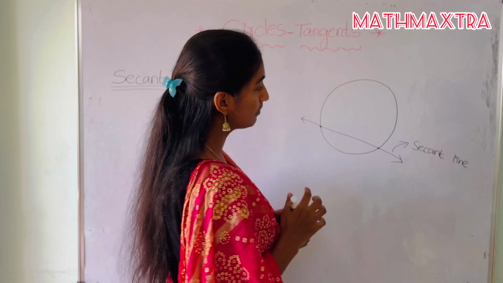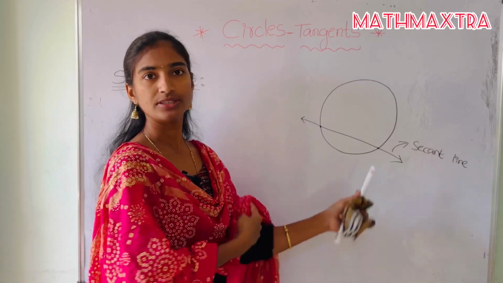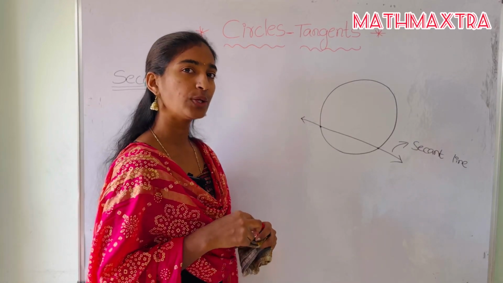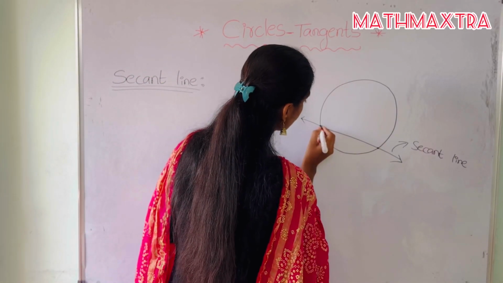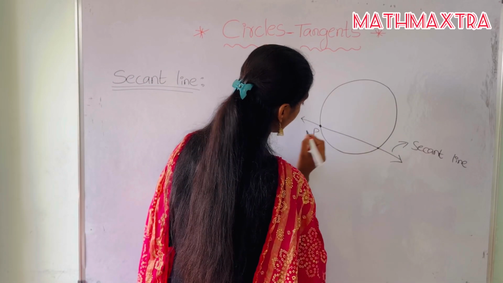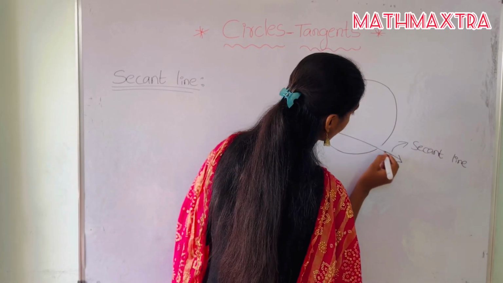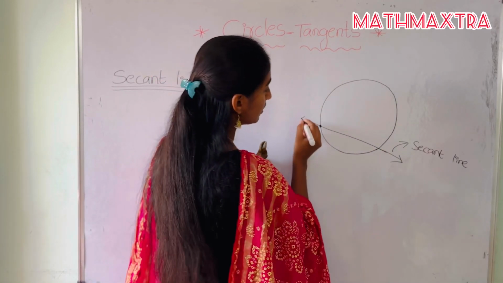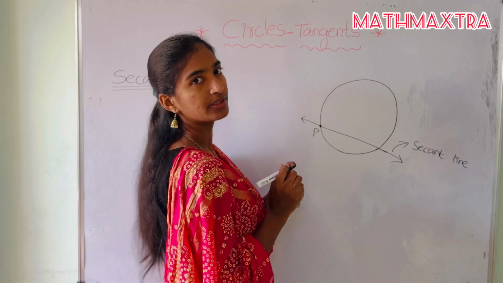Now you tell me, if you consider any point on a circle, how many secant lines can you draw? Now we'll see. See, if I consider this is a point P, I am taking only one point. So yes, I am drawing one secant line through this point.